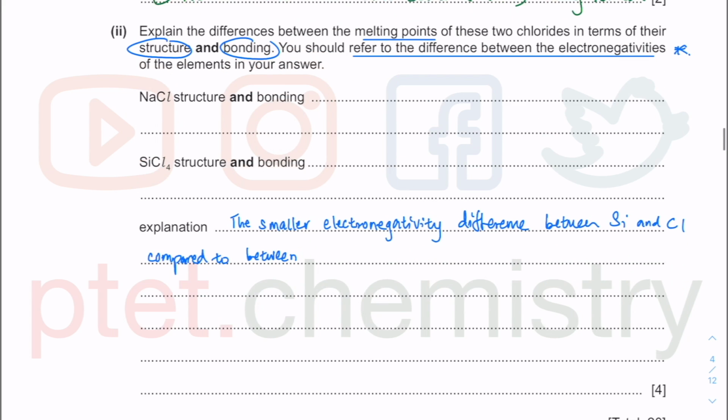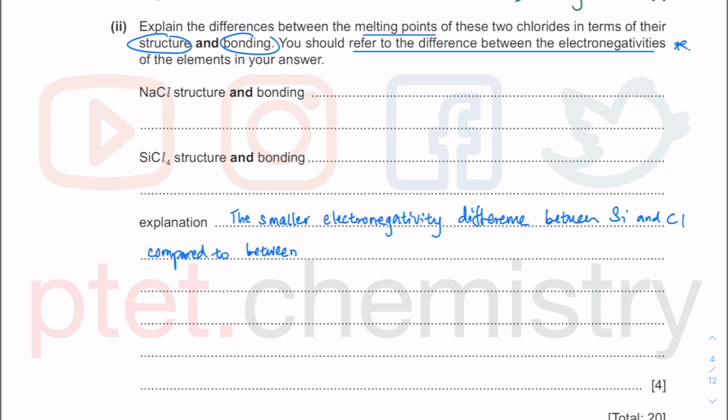All I'm doing is outlining my thought processes here, okay? So we are talking about the small electronegativity difference, which means silicon and chlorine are more likely to form covalent bonds.